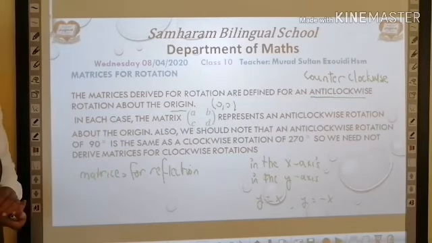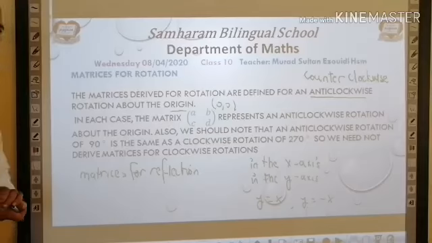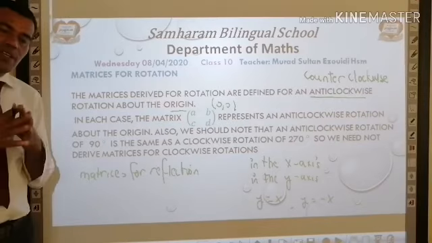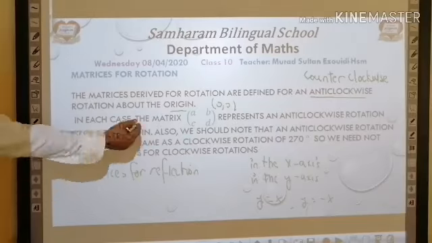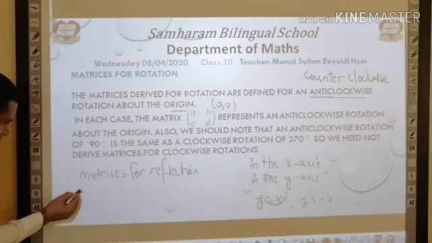We work with anti-clockwise rotation. And in general form, to find the coordinates of a point, let's say in the rotation about the origin 0, 0 and 90-degree, you just use what we saw before.